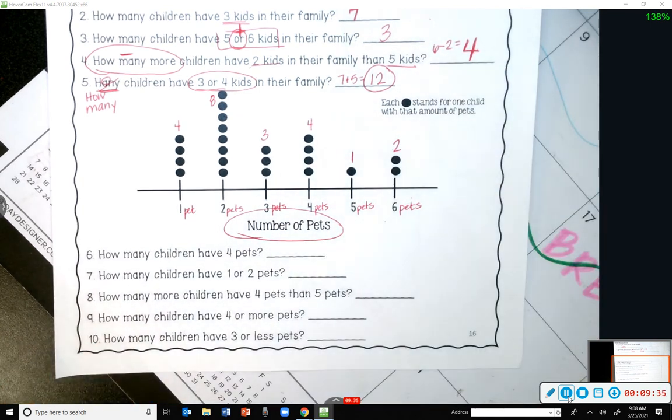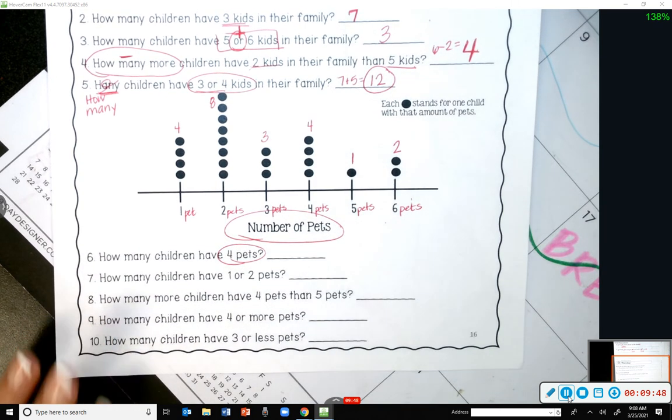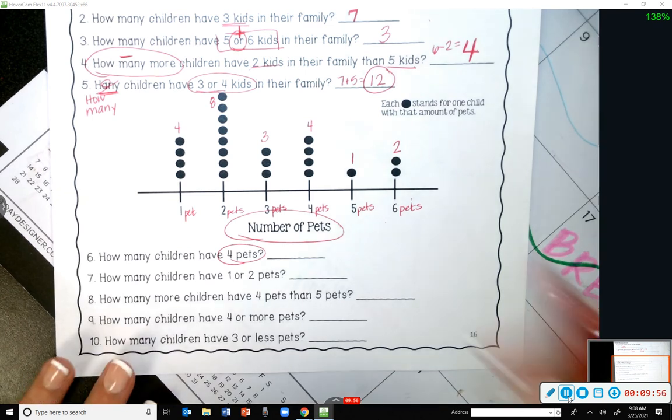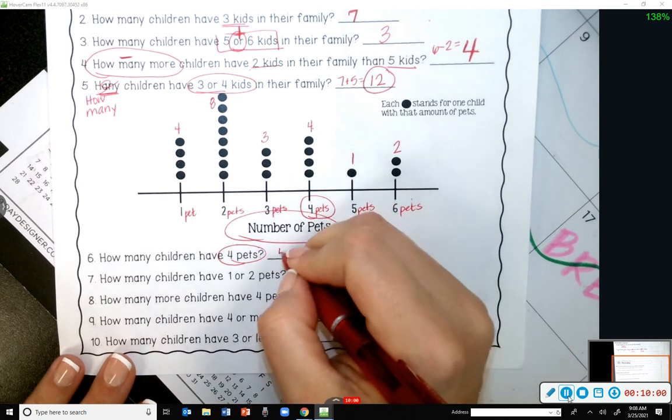So number 6 says how many children have 4 pets? 4. Allie? It has 4 pets. How many people have 4 pets? 4. Good, because if I look at the 4 pets, there's 4 people or 4 dots.